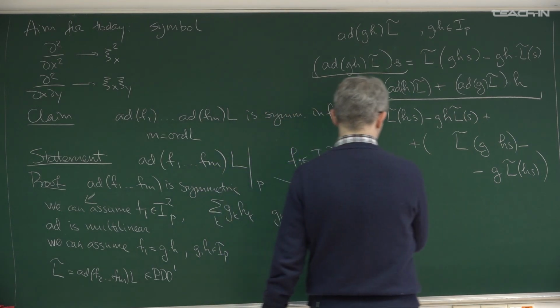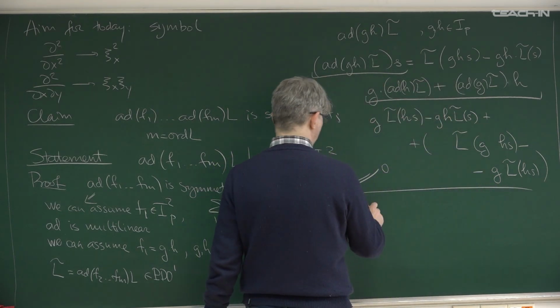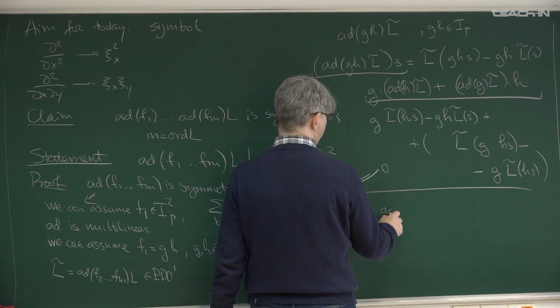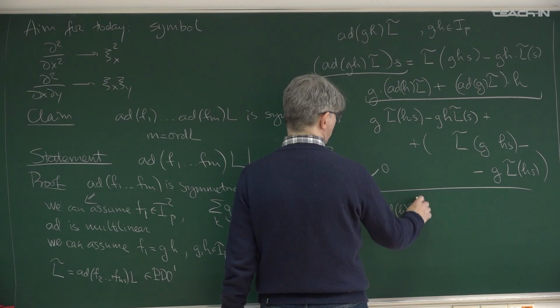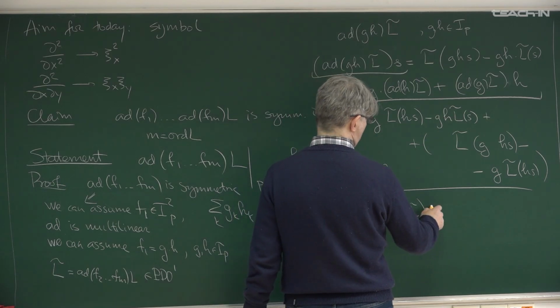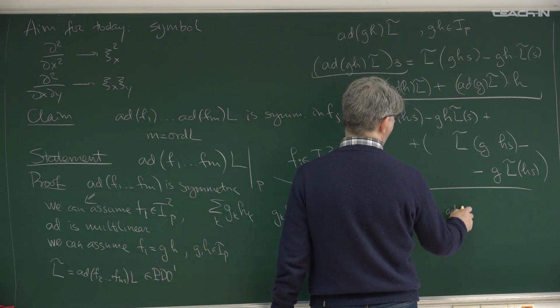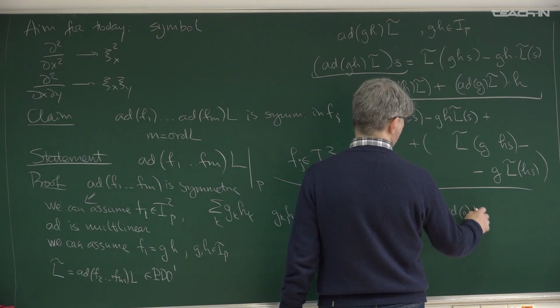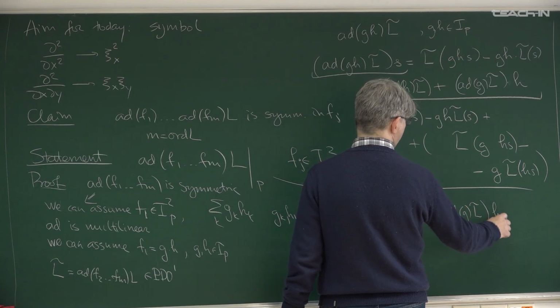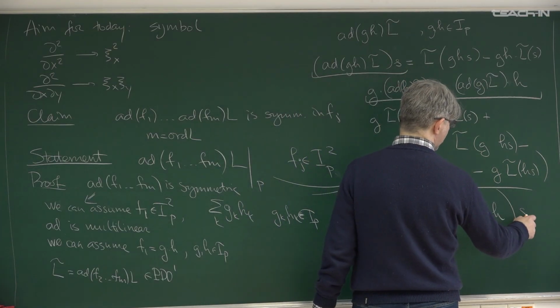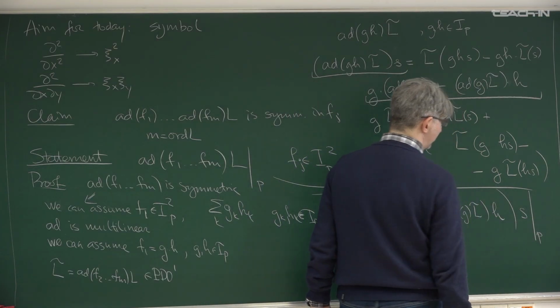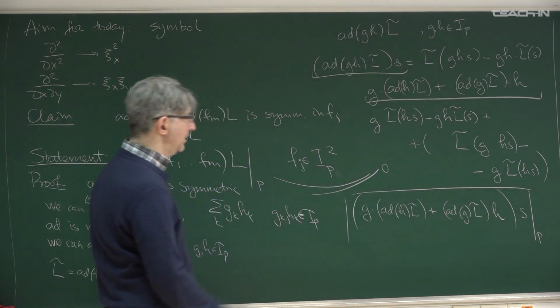So let us try to understand why this thing acts as 0. We apply it to some section and calculate it at point P. What happens?